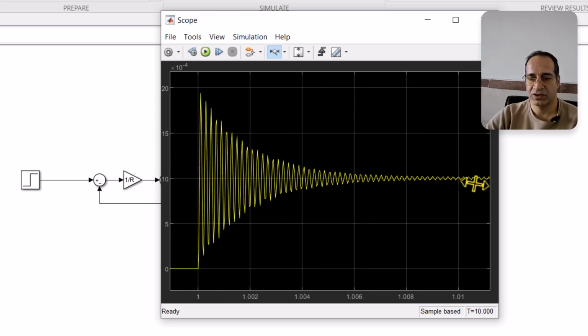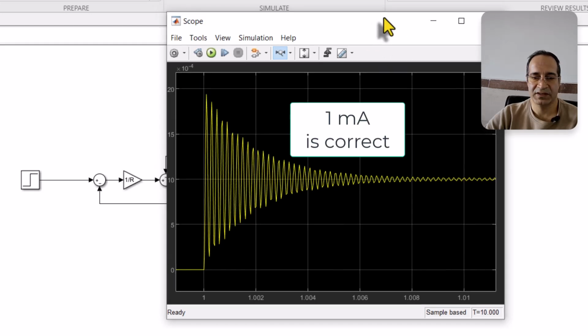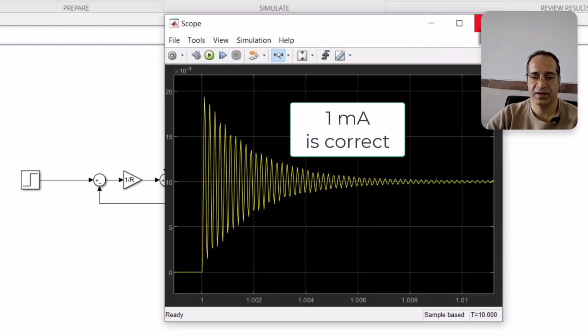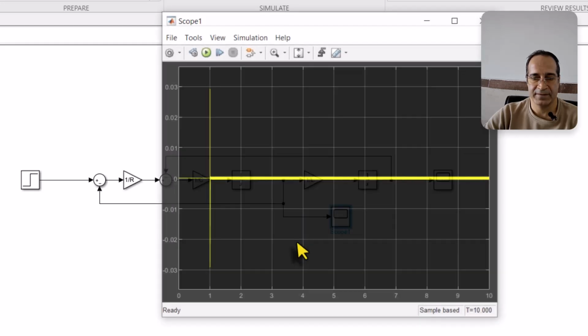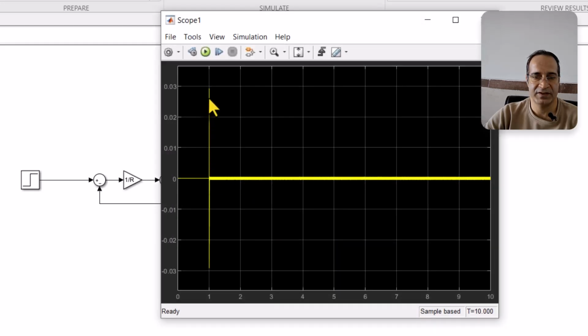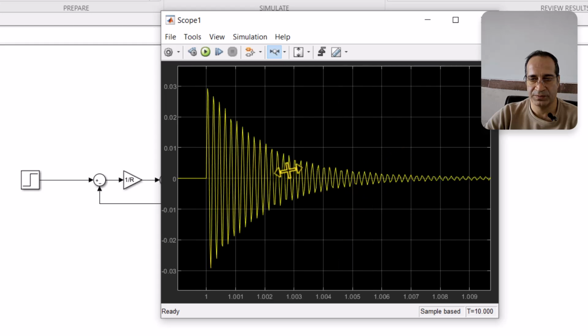After some oscillation, it goes again to 10, or I can say 100 milliamps. This is the current, I think. Okay, good. And let's have a look at VC. VC is here, goes back to 0 after some oscillations. It goes to 0.